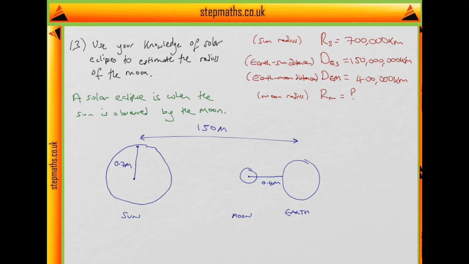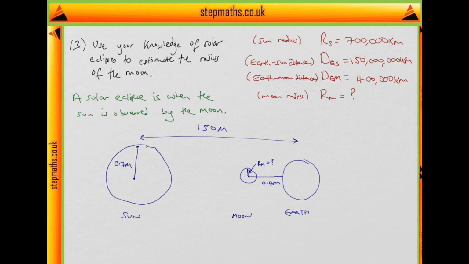Now we might think, how are we going to get a relationship between all these values and work out our unknown here, which is r sub m, which we don't know? Well, one thing that might be useful is to think about similar triangles.